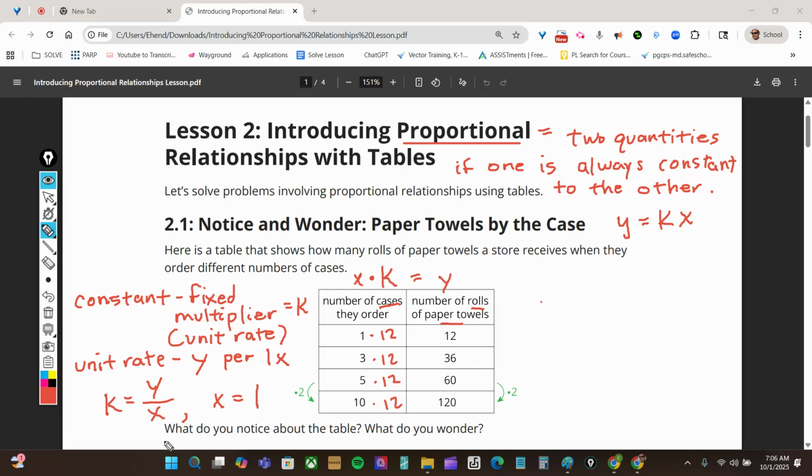Now just keep in mind you're transitioning from looking at a simple multiplication, like just one transaction, where 1 times 12 equals 12. Simple multiplication. Now you're looking at an entire group of data. That's what this table represents.